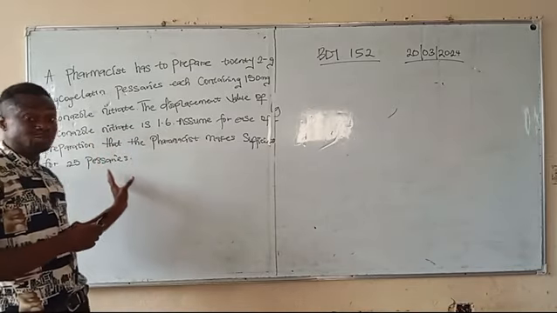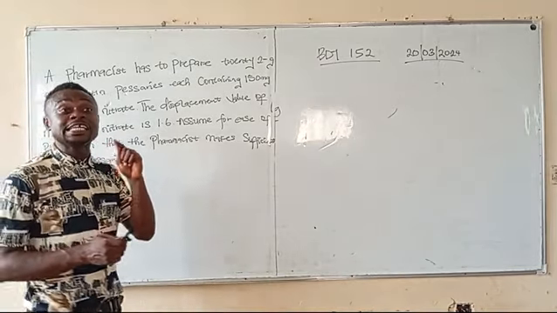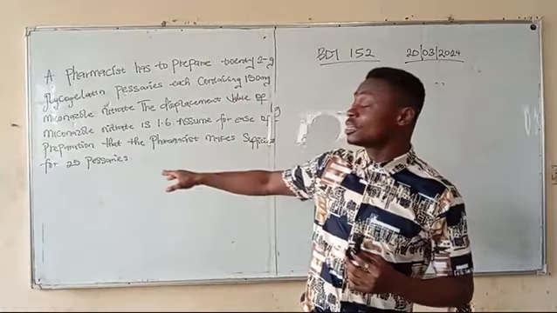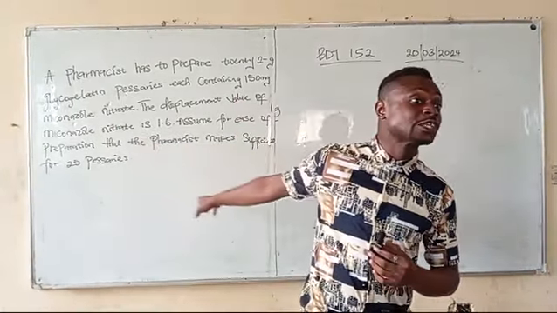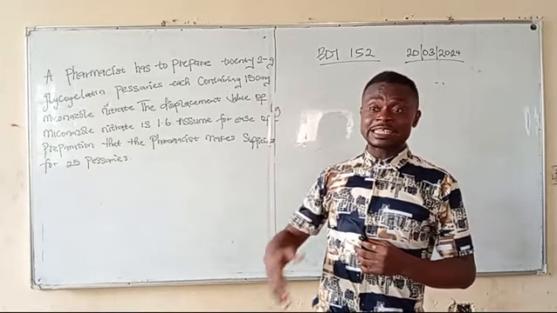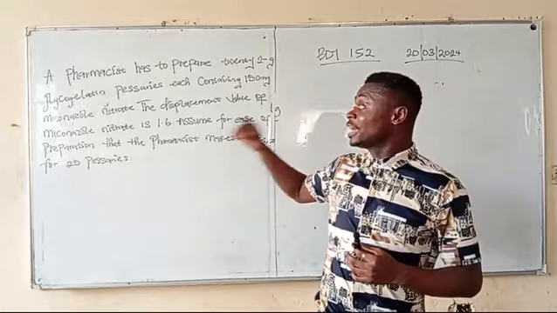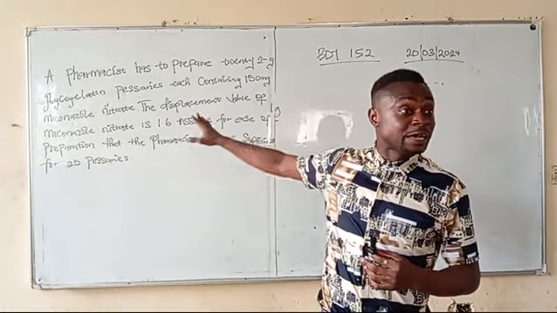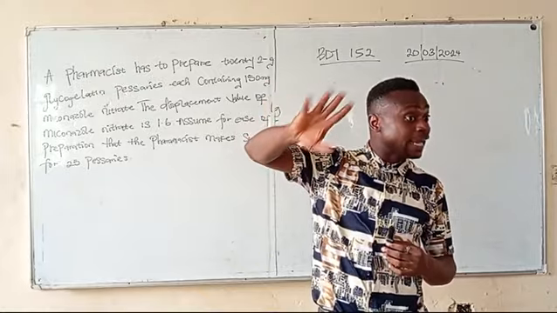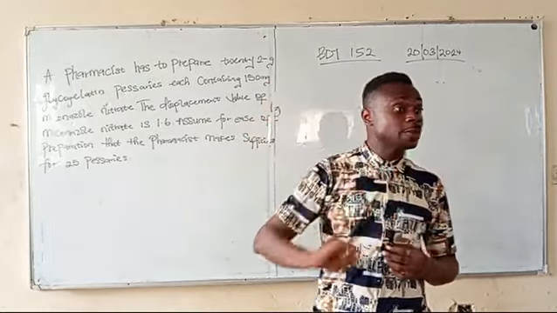So in your practical dispensing, sometimes you may be asked questions at the end about this preparation. What is it used for? You will be asked what each of the ingredients in the preparation is used for, what their role is in the preparation.